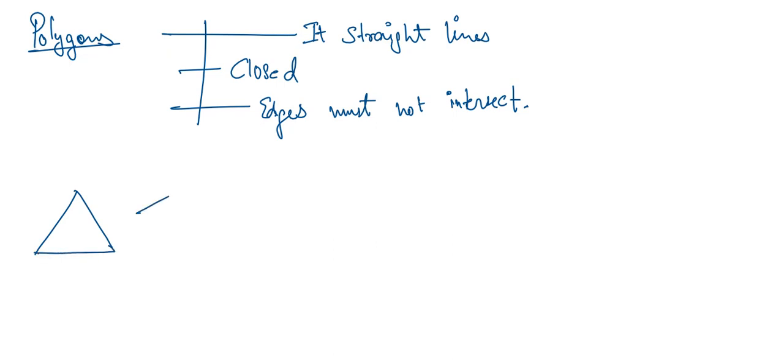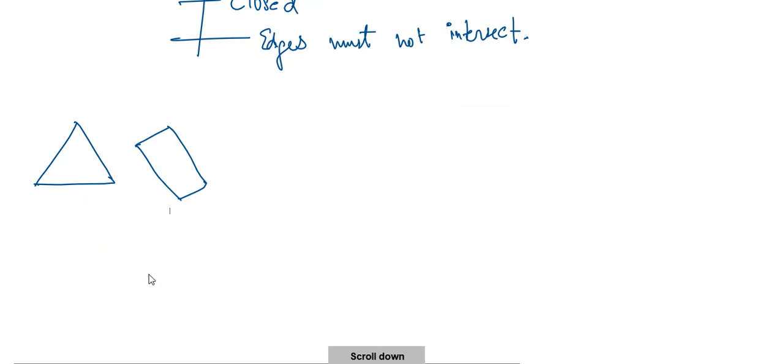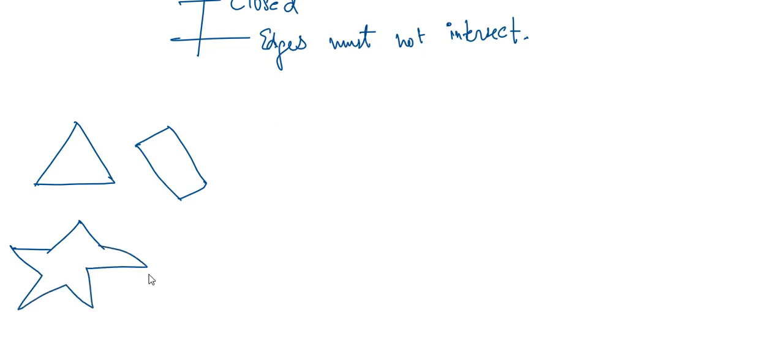Likewise I also have the shape of a rectangle, or I can also have a polygon like, if I just draw a star type structure, you may just ignore that bend.